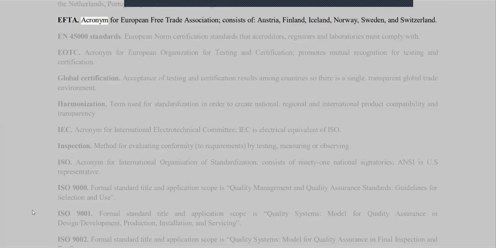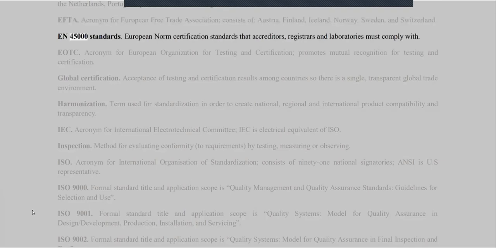EFTA. Acronym for European Free Trade Association, consists of Austria, Finland, Iceland, Norway, Sweden, and Switzerland. EN 45,000 standards. European norm certification standards that accreditors, registrars, and laboratories must comply with.